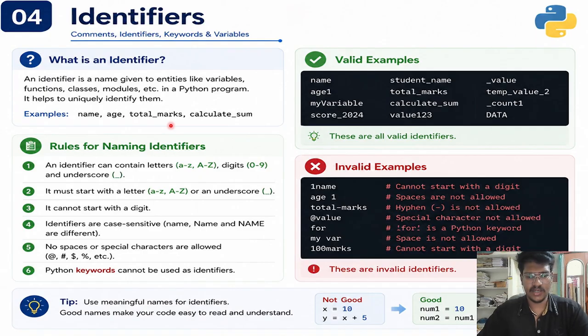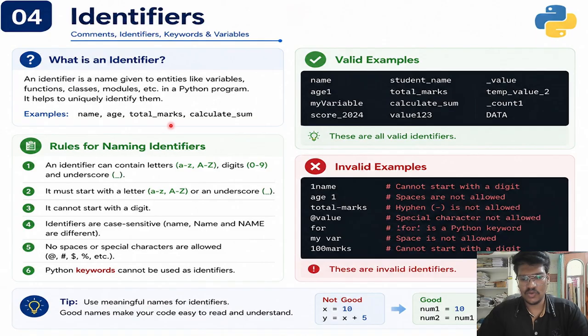Now let's look at some of the invalid identifiers, the common mistakes which we should avoid. Here, an identifier cannot start with a digit. Here we have given age one with a space, so spaces are not allowed. Total-marks, so a hyphen is not allowed.